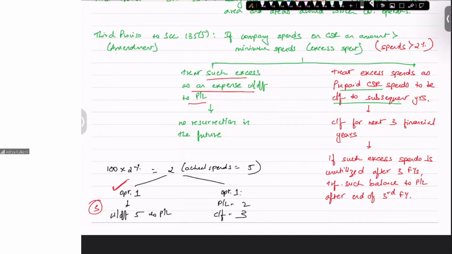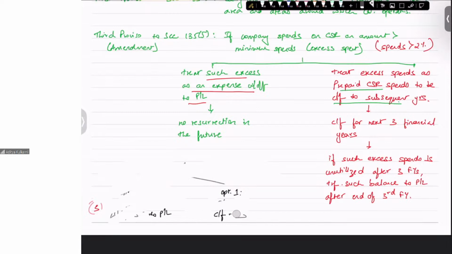The fact that you don't have cash for CSR indicates that you have spent the money somewhere else. So they will say you've taken a loan for that and CSR you are meeting out of your own funds. So that is the third proviso to section 135(5).